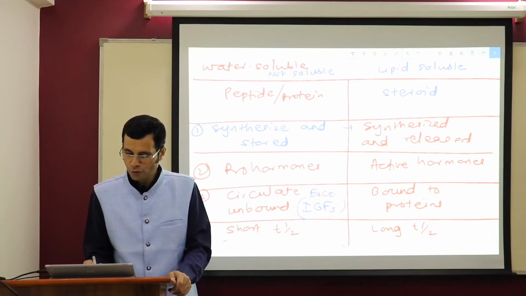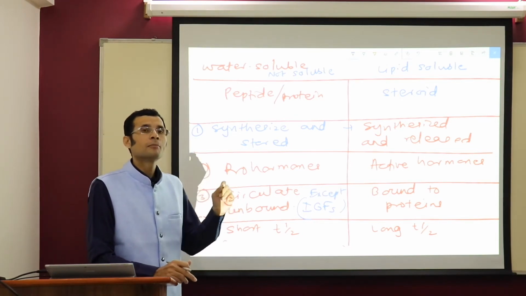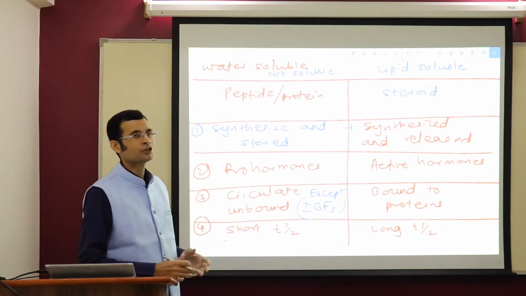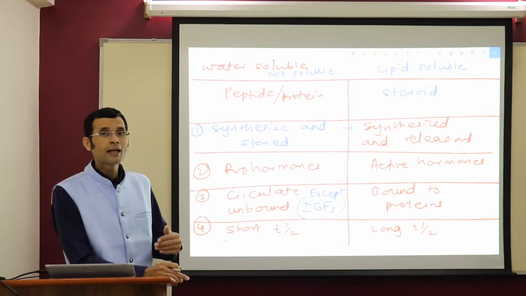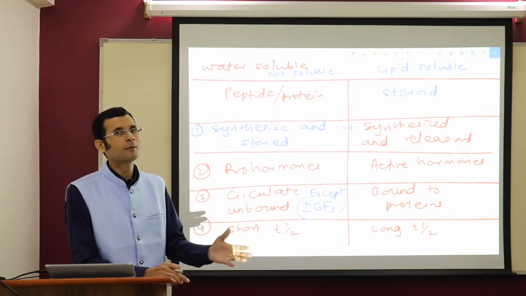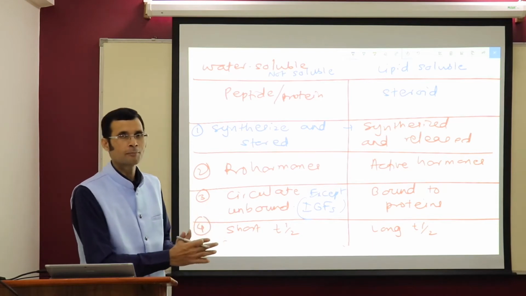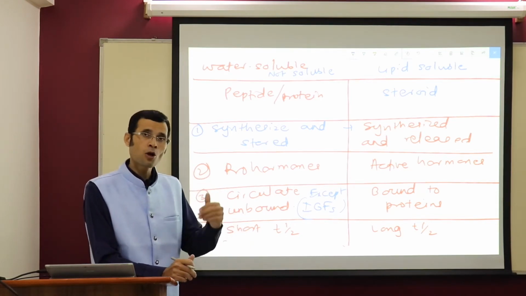Insulin-like growth factors, also called somatomedins, are the mediators of growth hormone action. They are synthesized by the liver, and although they are proteins themselves, they get bound to plasma proteins. They get bound to the proteins in the plasma, which means what? Which means they have longer half-lives.